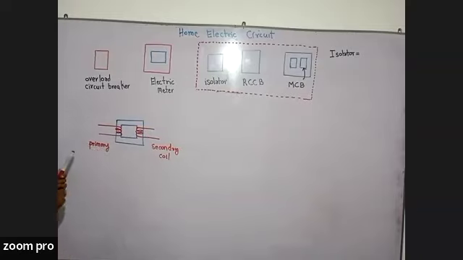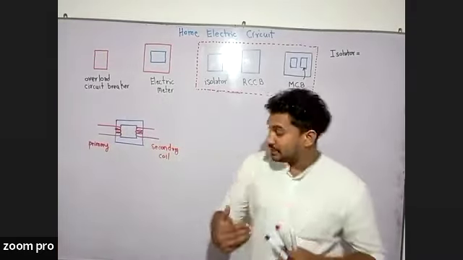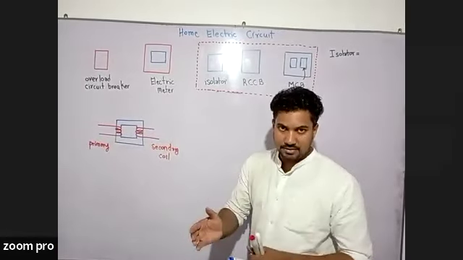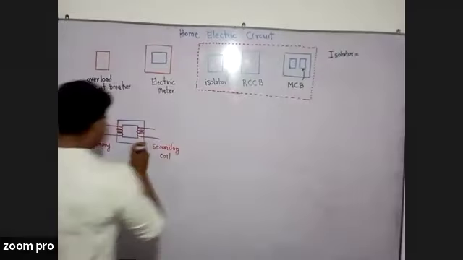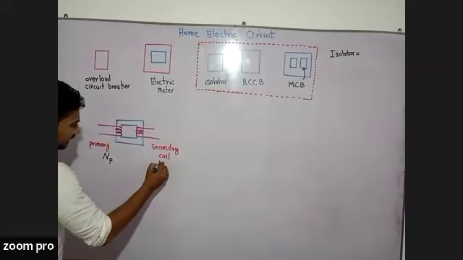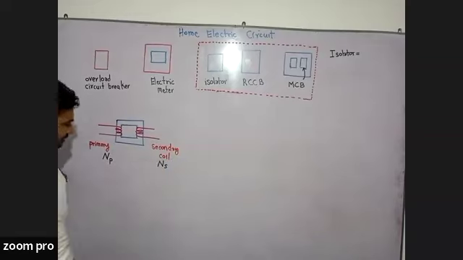Now let's consider that the number of turns in the primary coil and the secondary coil are different, right? Let's assume that we represent the number of turns in the primary coil as NP and the number of turns in the secondary coil as NS, right?